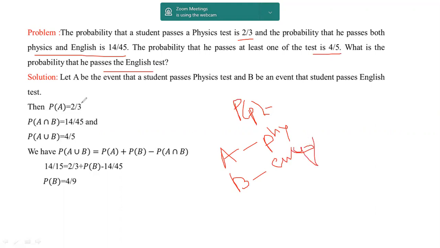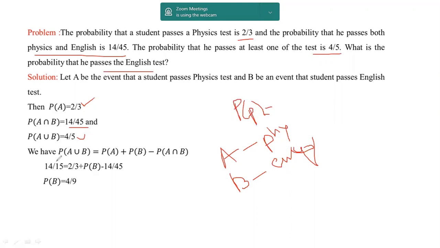Probability of both subjects, physics and English, that is A intersection B, is 14 by 45, and at least one, any one of them, either English or physics, getting passed is 4 by 5.